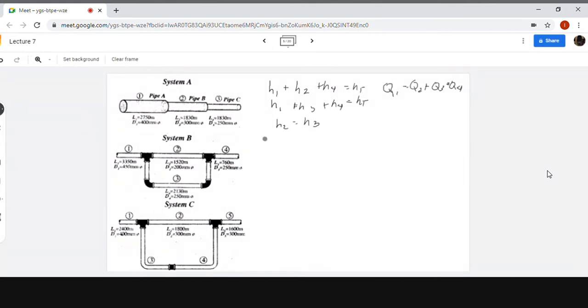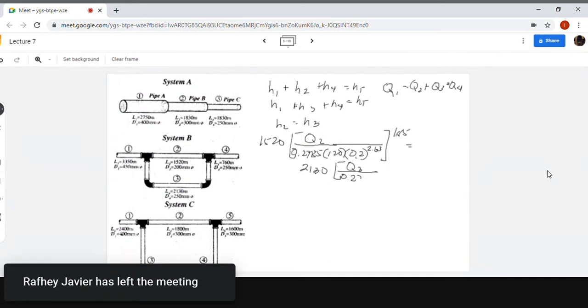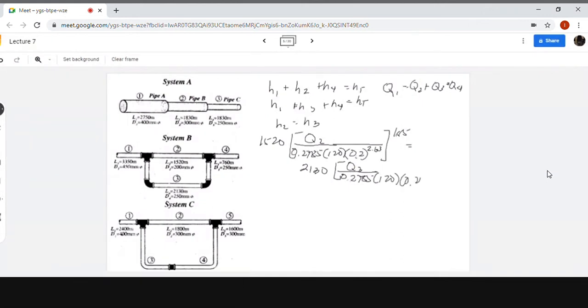What is head loss 2? 1520 times Q2 over 0.2785, C of 120, D of 0.2, to the 2.63, to the 1.85, is equal to 2130 times Q3 over 0.2785, C of 120, D of 0.25 to the 2.63, to the 1.85.